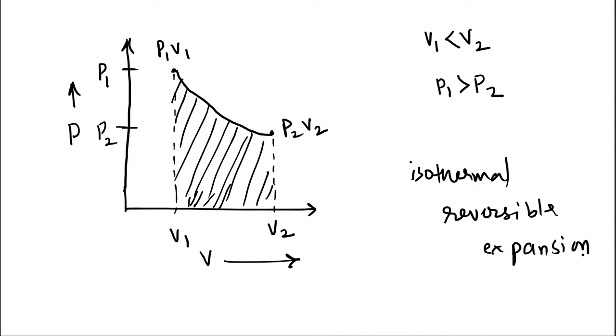Now let us see what will happen if the gas is expanded in a very quick fashion, using a fixed external pressure which is not varying, a constant external pressure, and the volume is changing. That means the system is doing work. Now let's take the system, a gas having pressure P1 and volume V1.